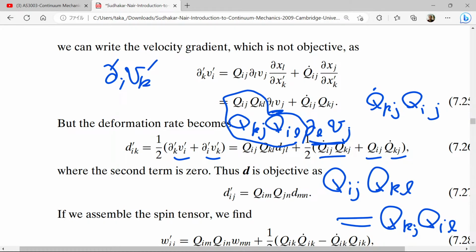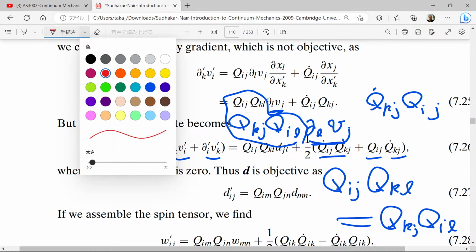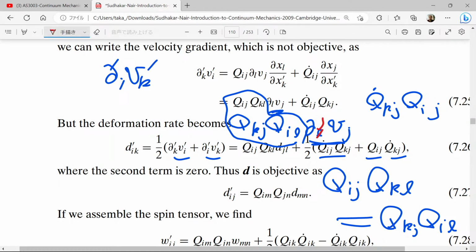I think we swap l and j here. We make j into l, and l into j. So then these things become the same, right?